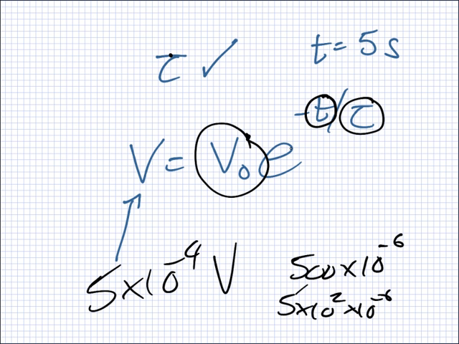Same idea. For the current, you can also do the same thing: I equals I0 e to the minus t over tau. So here, if I draw the graph, I need log V. Still the same thing. After finding the tau, then I'll replace it.